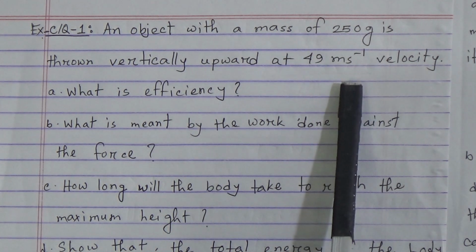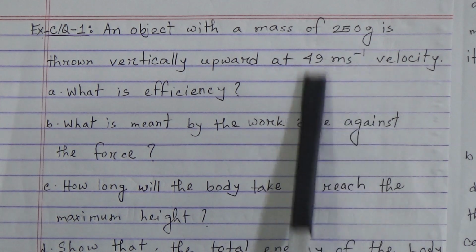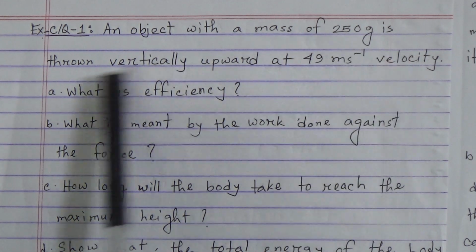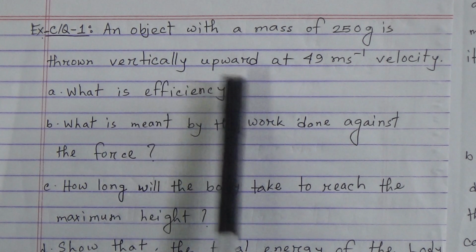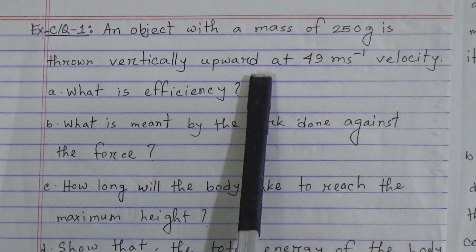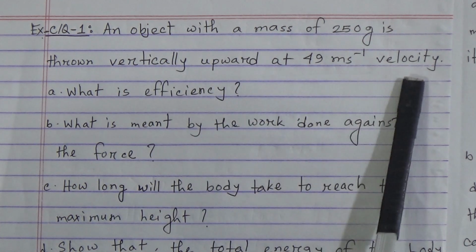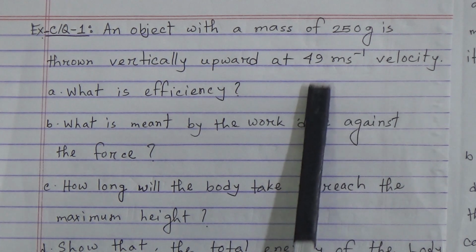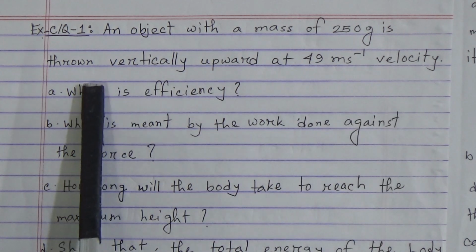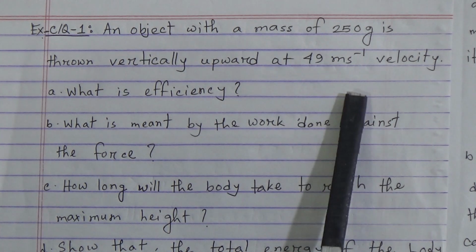That means we have to convert this gram into kg, and it is thrown vertically upward at velocity 49 meter per second.